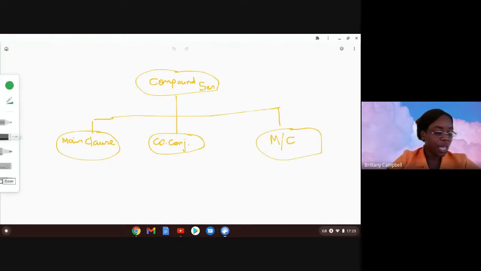So after that, let us look at an example using a simple sentence, which is a main clause. So let's see, I wrote a letter.